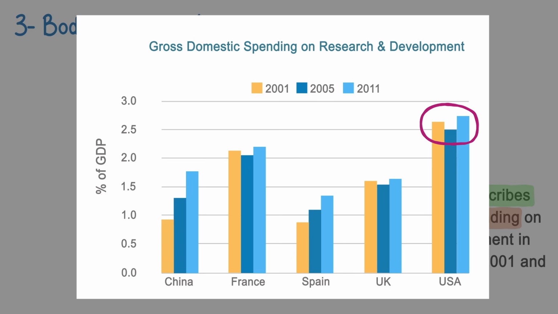On the other hand, Spain spent the least. It started just below 1% in 2001 to around 1.3% in 2011. So that is the data that we're going to cover here in this paragraph.